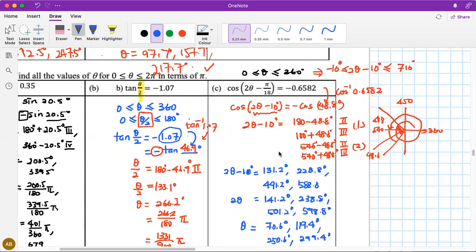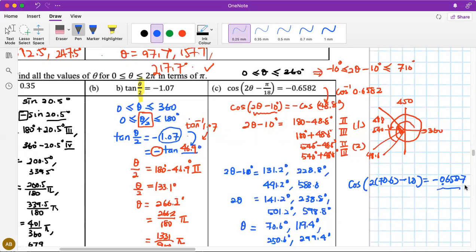This means you can check cos of 2 times 70.6 minus 10 degrees, to see whether you get negative 0.6582 or not. So cos of 2 times 70.6 minus 10, you get negative 0.657.